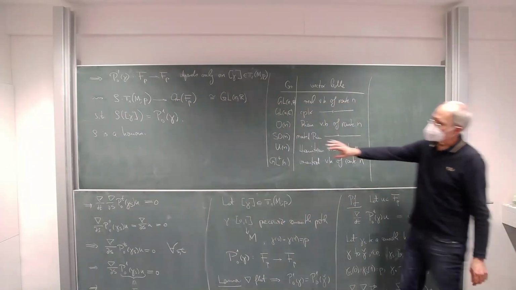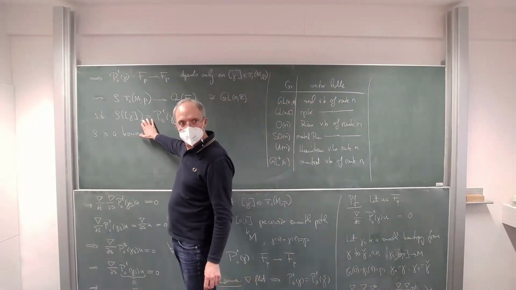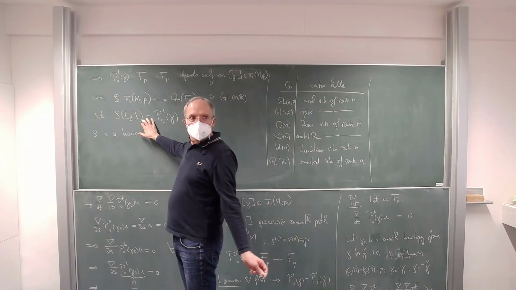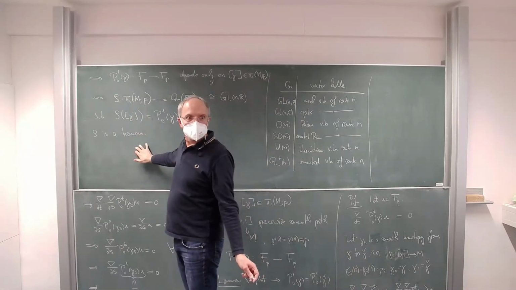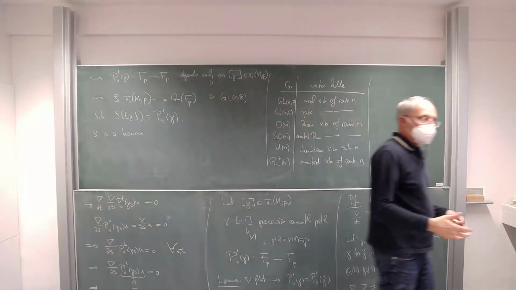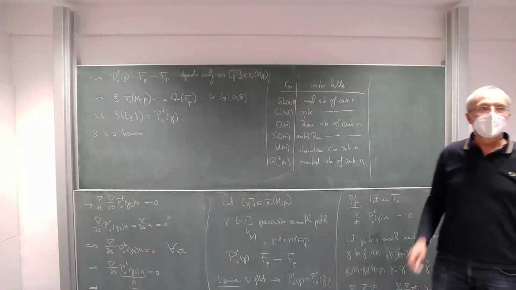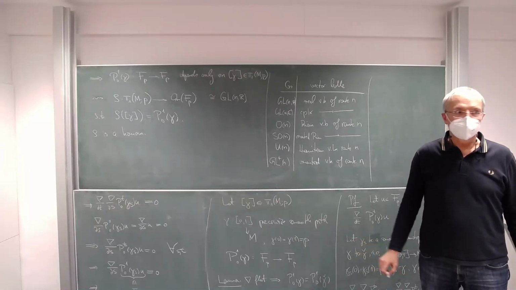Then I get this representation rho of the fundamental group, and then I can do the first construction and can construct a vector bundle out of that again. And I need to check that I get the vector bundle back that I started with, right? Up to connection preserving isomorphism, of course.